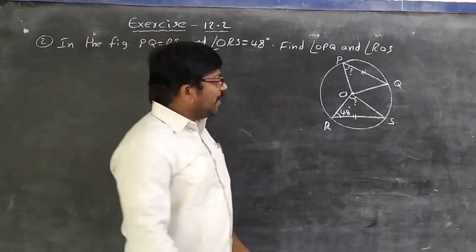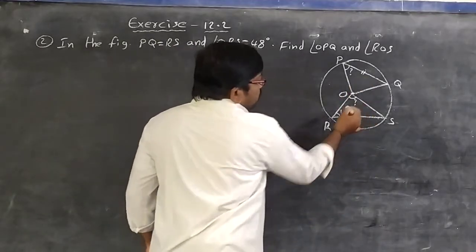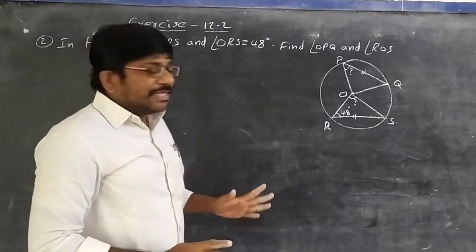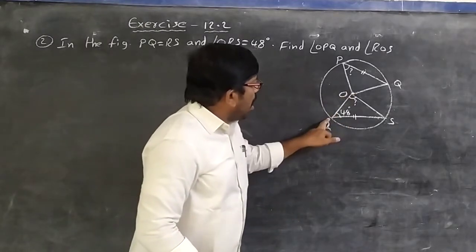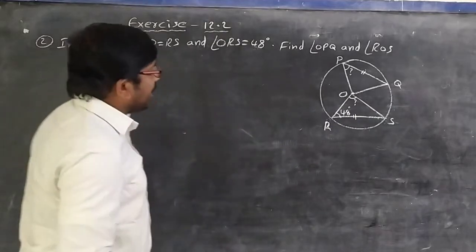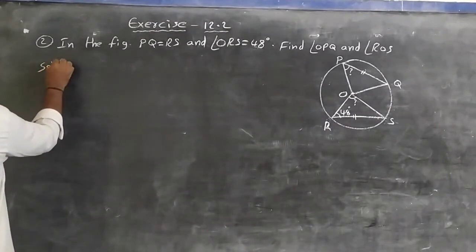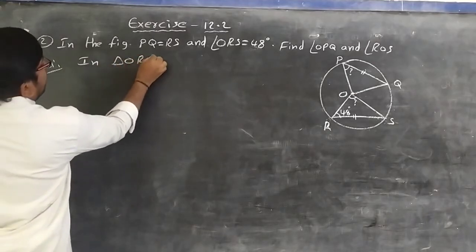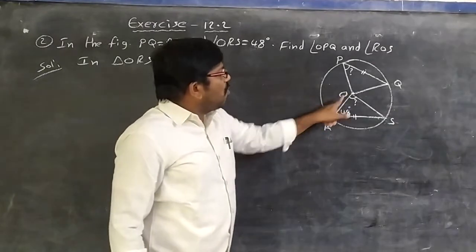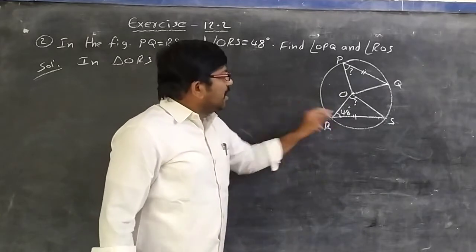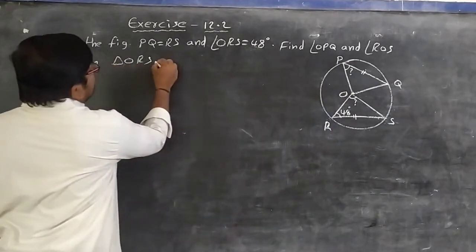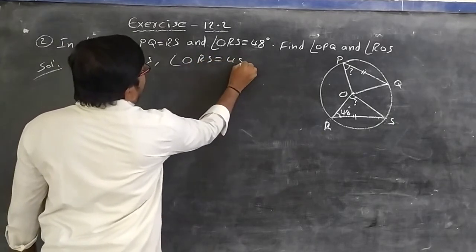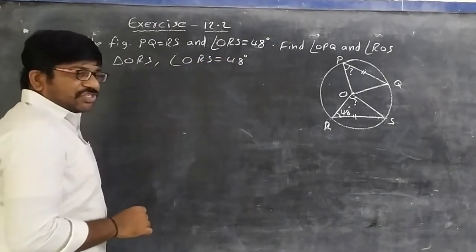So observe carefully. Of these two triangles, take any triangle. Here, taking ORS, in triangle ORS, observe carefully. Angle R is 48 degrees, that is angle ORS is equal to 48 degrees, right?